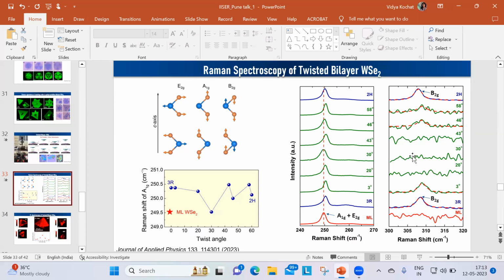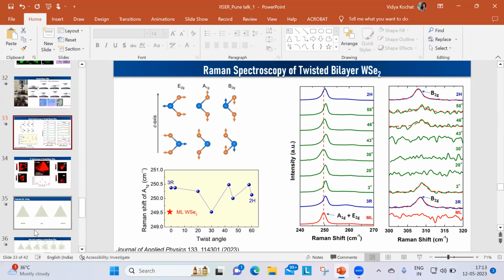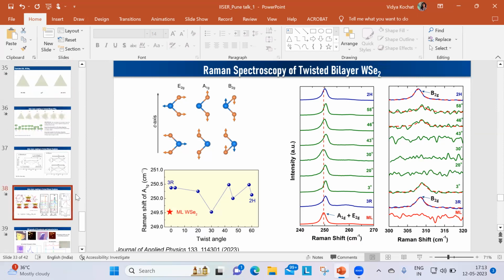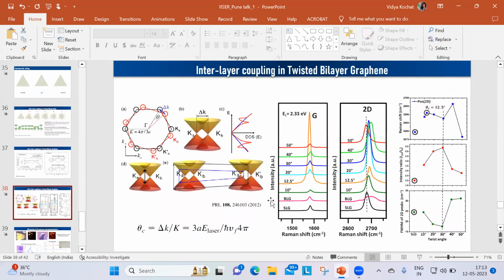So we have done one experiment with the WSe2, and the next experiment we had done with graphene. People can ask, if you are doing this artificial stacking, is this stacking as good as CVD growth of bilayer graphene with 12.5 degree twist?